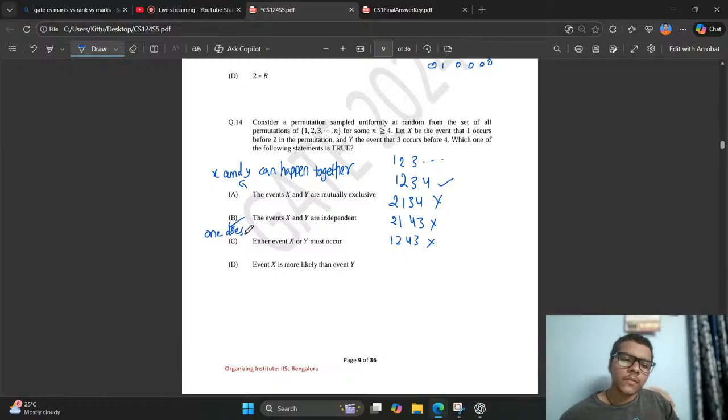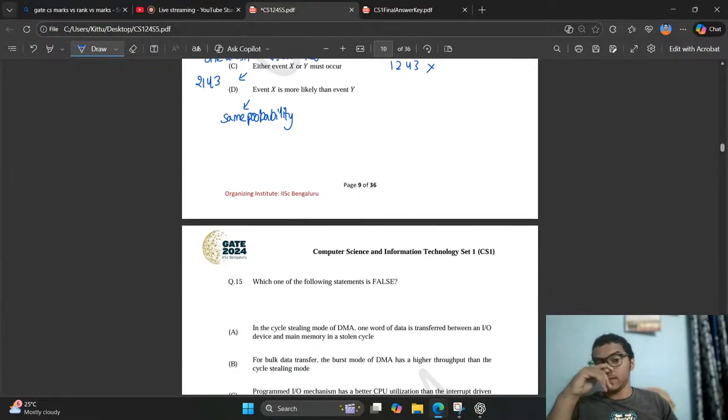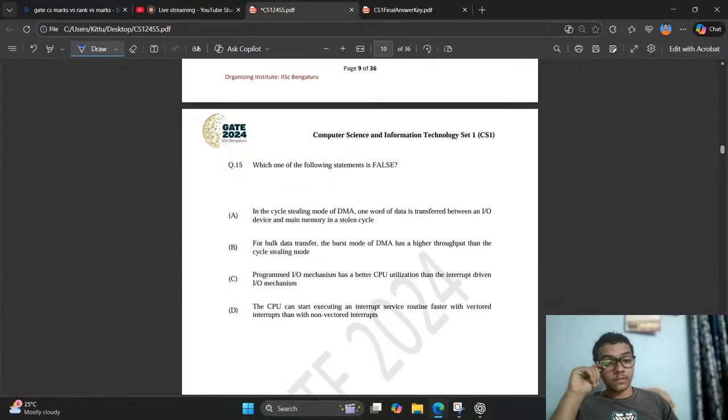One doesn't affect the other. 2, 1, 4, 3. Same probability. So the basic understanding of permutations and probability is going to let you solve this question.